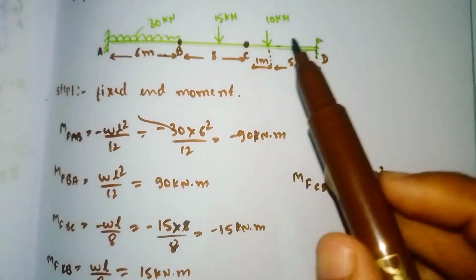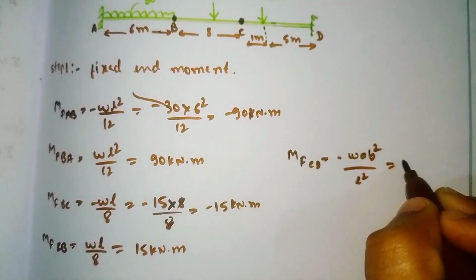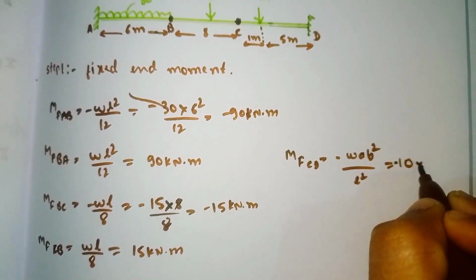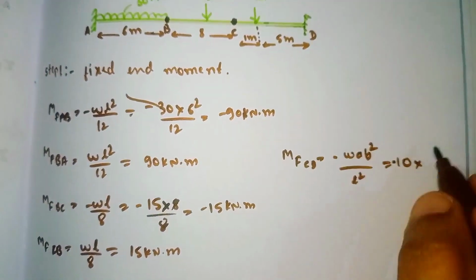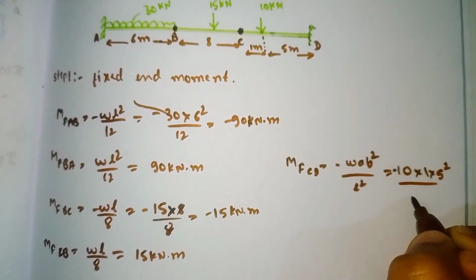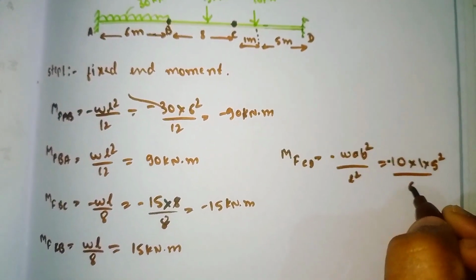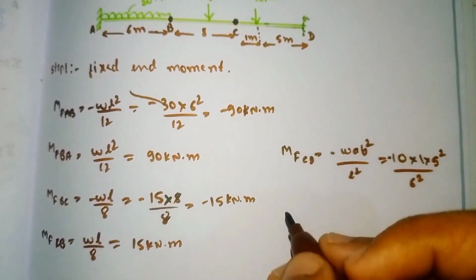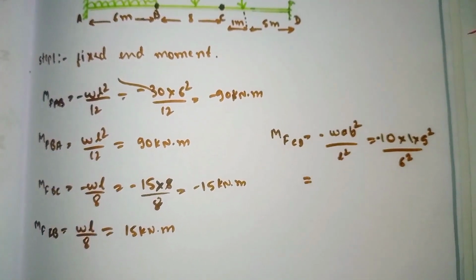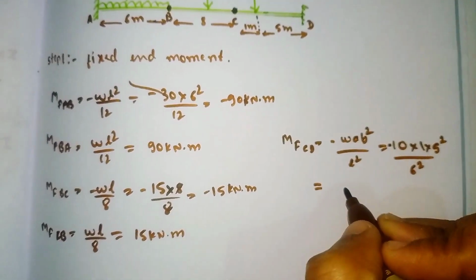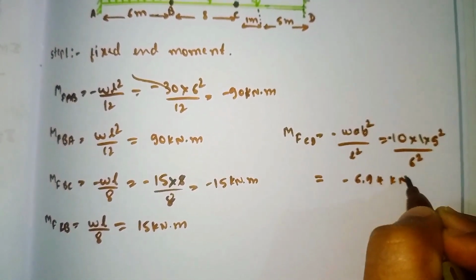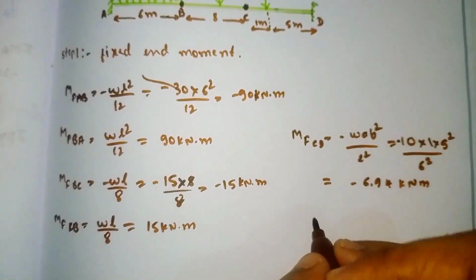Our load is 10, so 10 into A is 1 and B is 5, so 5 square, divided by L, total length 6 meters, so 6 square. By simplifying, it comes out as minus 6.94 kilonewton meter.